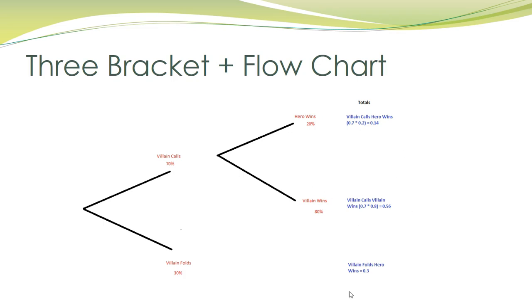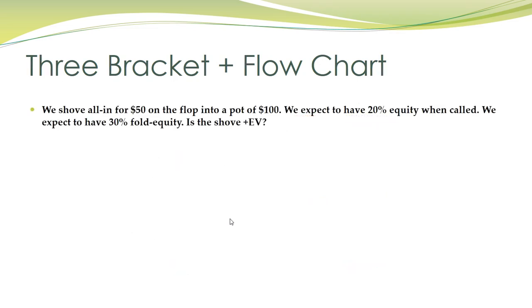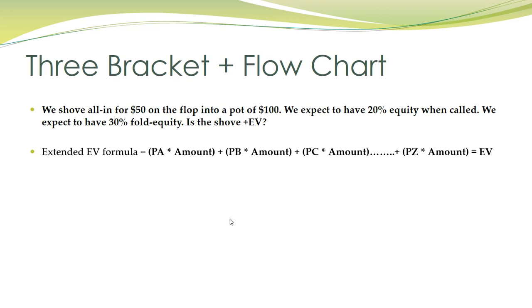So we have 3 outcomes there. We have an outcome where we win $150 14% of the time. We have an outcome where we lose $50 56% of the time. And we have an outcome where we win $100 30% of the time. Now the way the EV formula works is it can be expanded. Let's see how this happens.